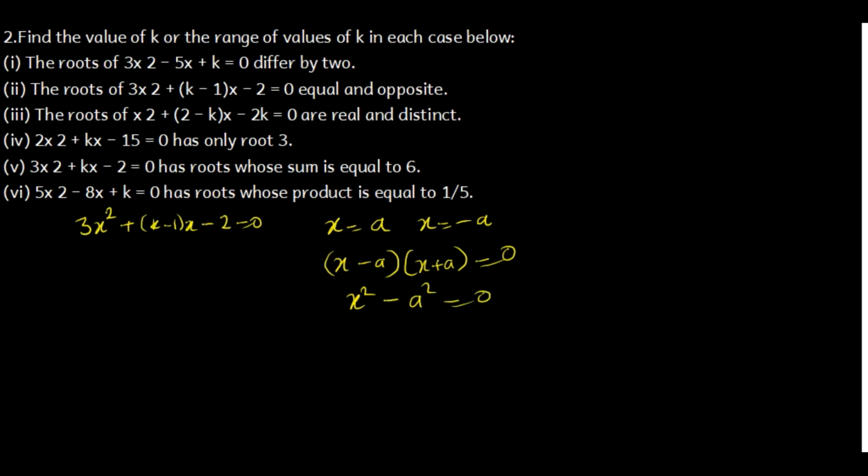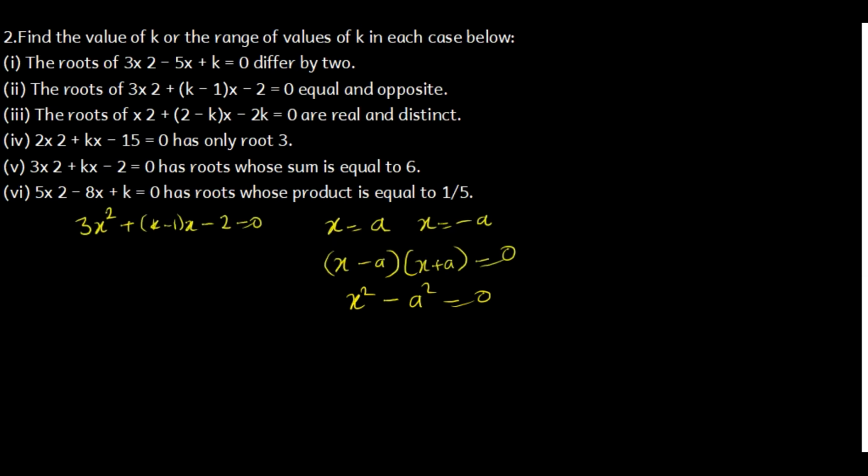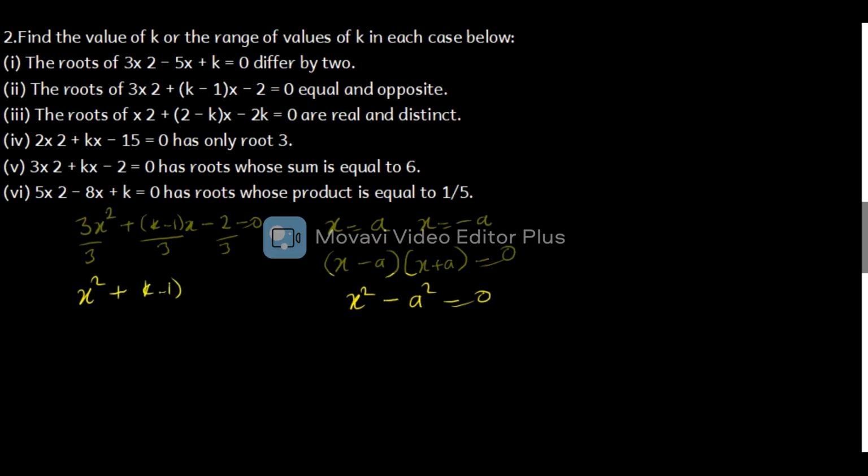So at this point, I'm going to make sure that even in this equation which I have here, the coefficient of x squared is a 1. So I'll divide everything by 3, so that I'm going to have x squared plus k minus 1 over 3 x minus 2 over 3, that is going to be equal to 0.